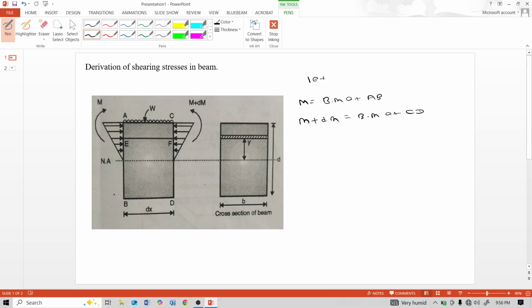F is the shear force at AB, and F plus dF is the shear force at CD.